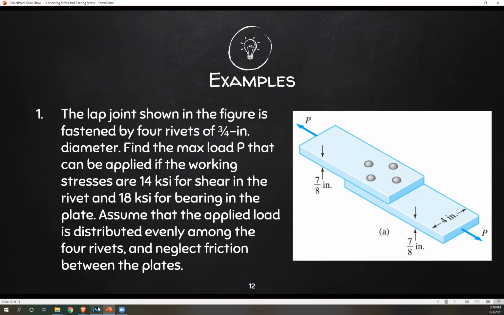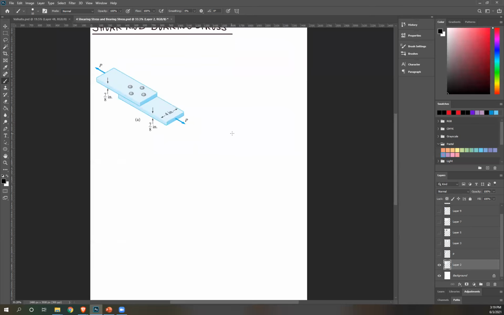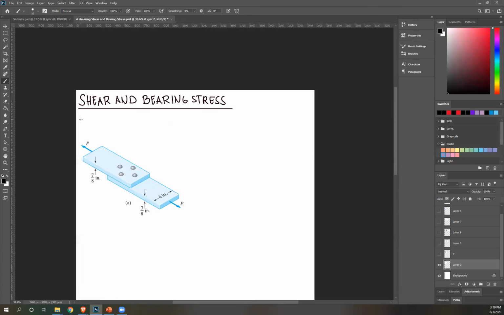So first step, write the given. First of all, we're given diameter of your rivets. So D equals 3/4 inches, right? And then as you can see, thickness of the plate is also given. We can write that as well, 7/8 of an inch.